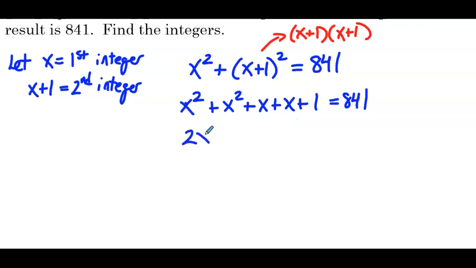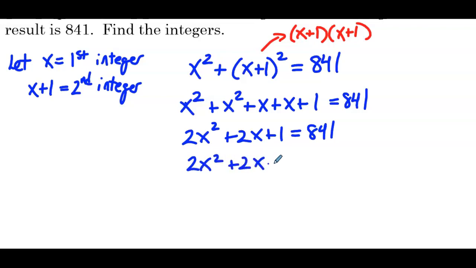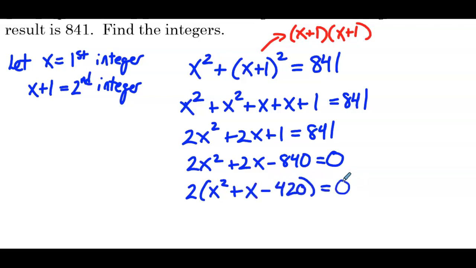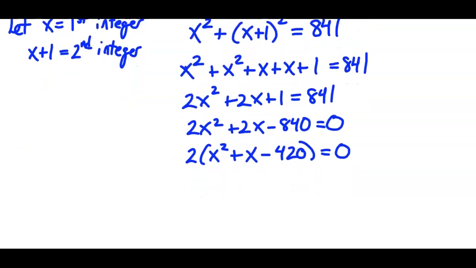Combining our like terms, 2x squared plus 2x plus 1 equals 841. Quadratic, so we need it equal to 0. So 2x squared plus 2x minus 840 equals 0. Common factor of 2. So we'll take out a GCF of 2. We're left with x squared plus x minus 420 equals 0.